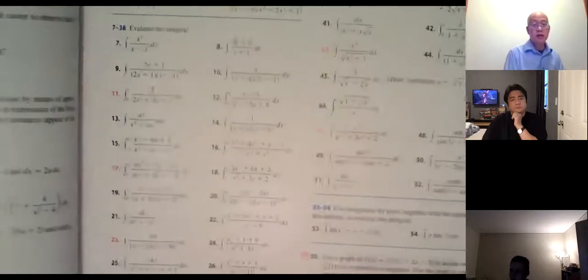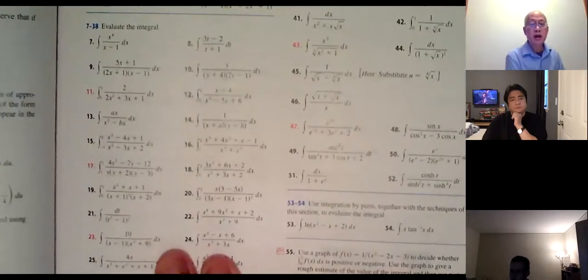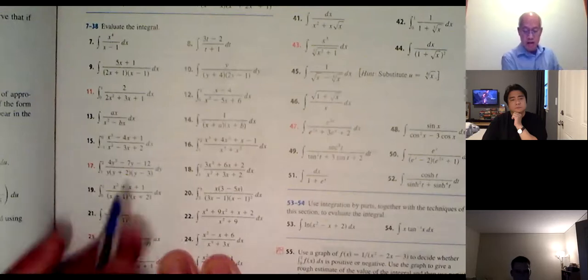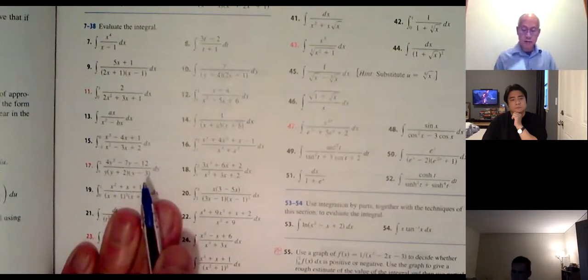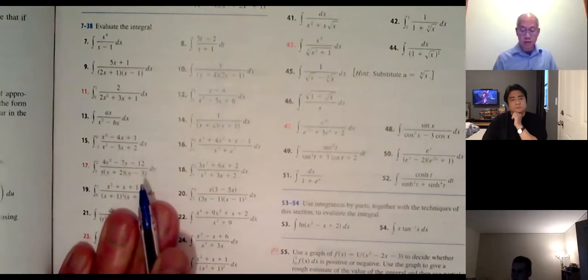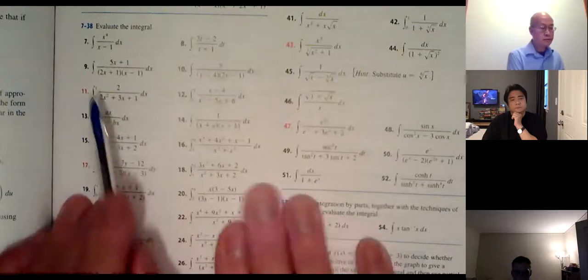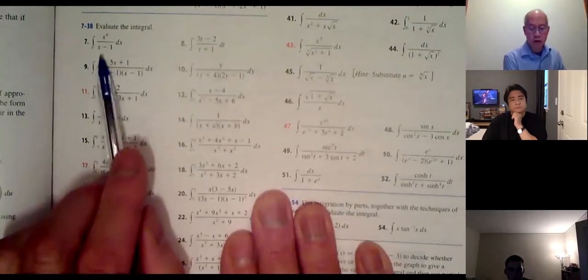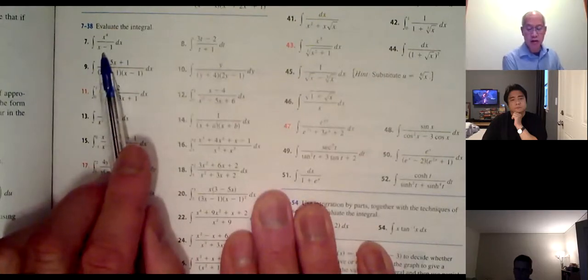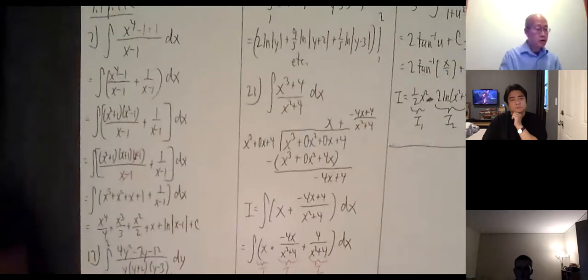Okay, first thing I'm going to show you is something like number 7, which is hopefully fairly straightforward. X to the 4th over x minus 1. Now, you could do polynomial long division for that, but I think there's something a little bit better.